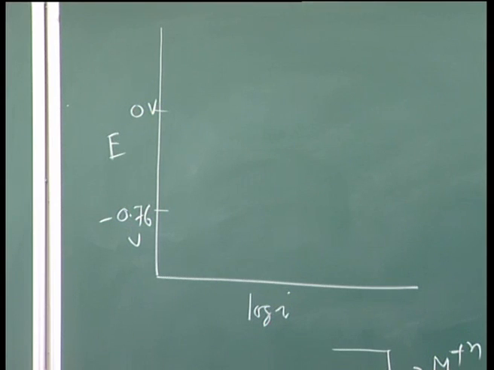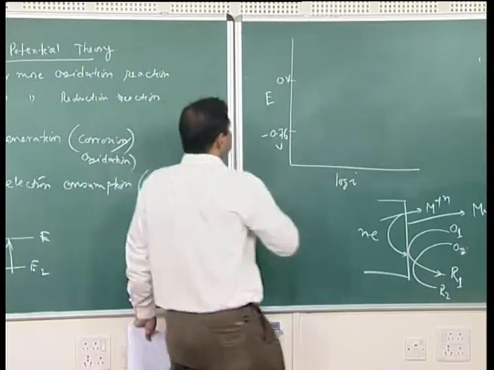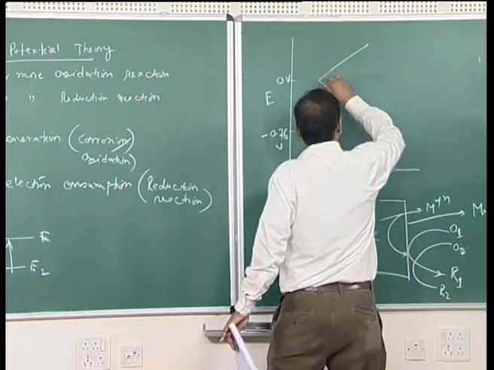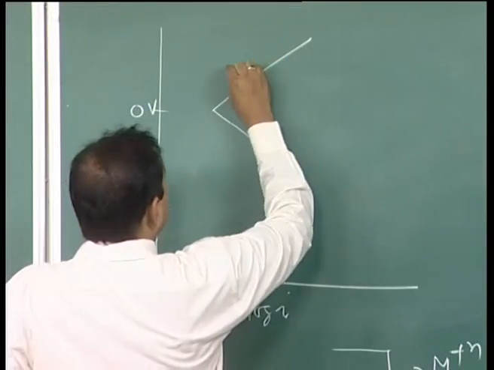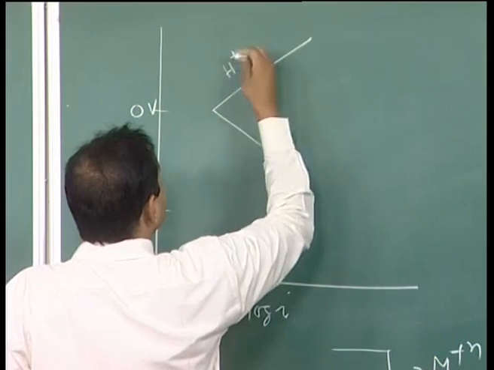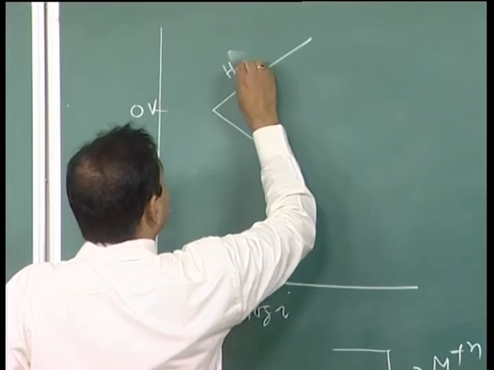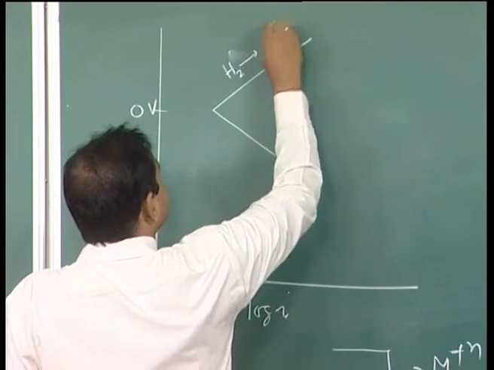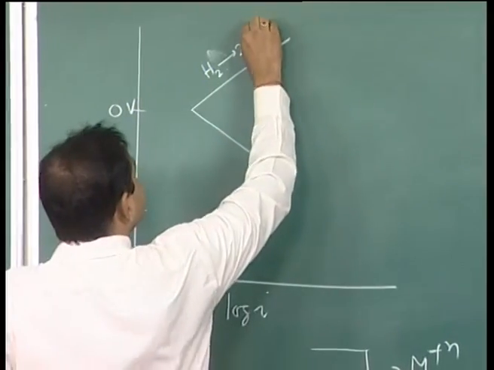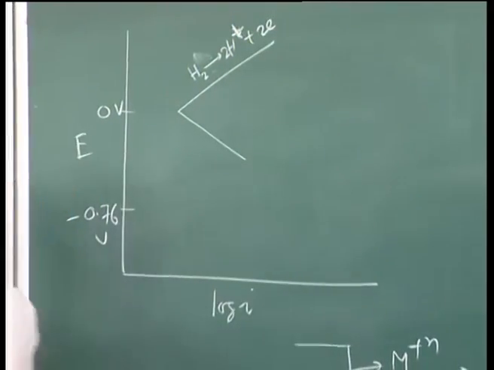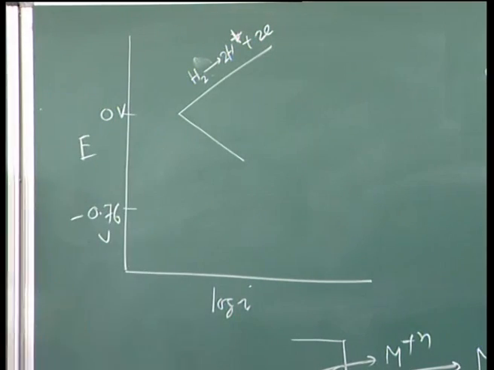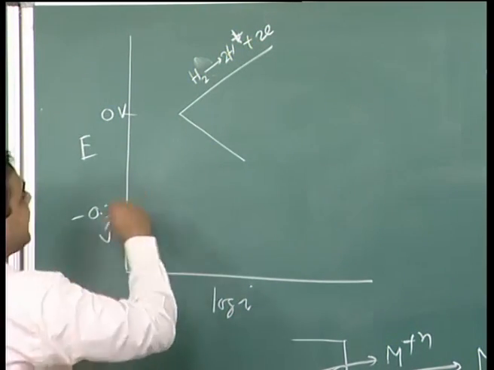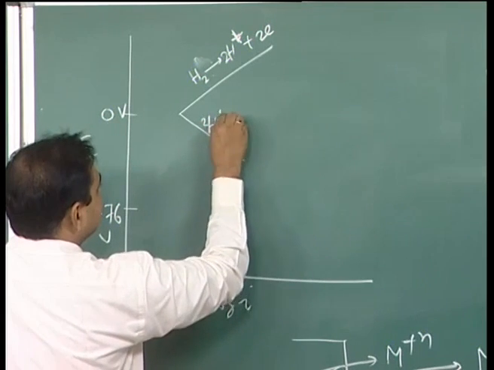If you consider only hydrogen and its polarization behavior with respect to the Tafel equation, it varies like this. This is H2 going to 2H+ plus 2e. That means this side is anodic polarization and this side is cathodic polarization, where you have this reaction.